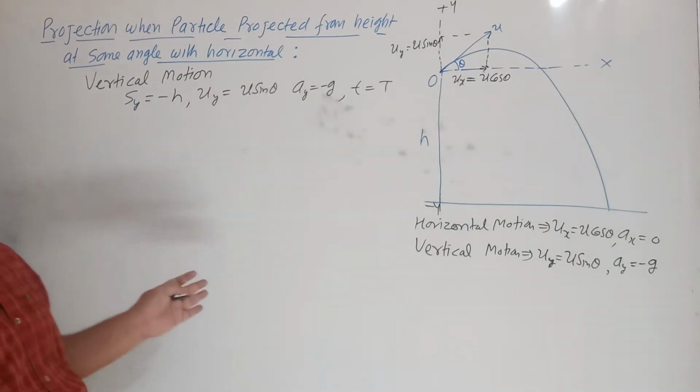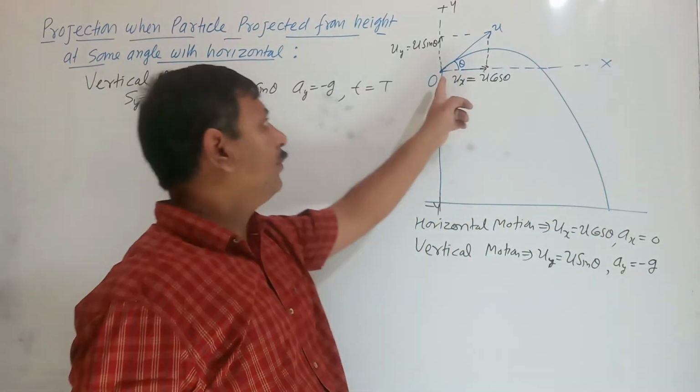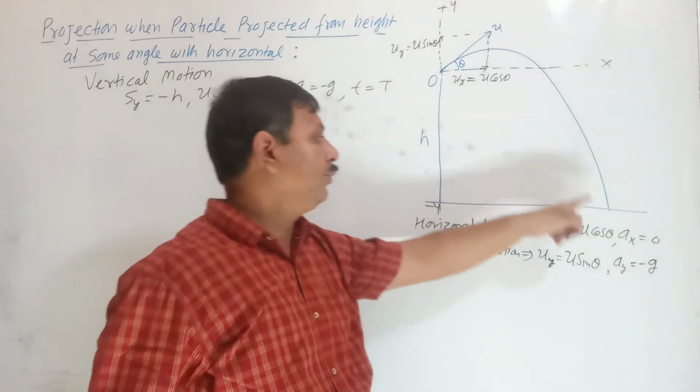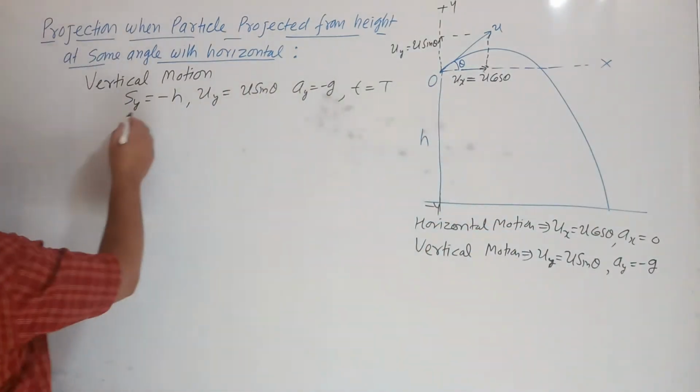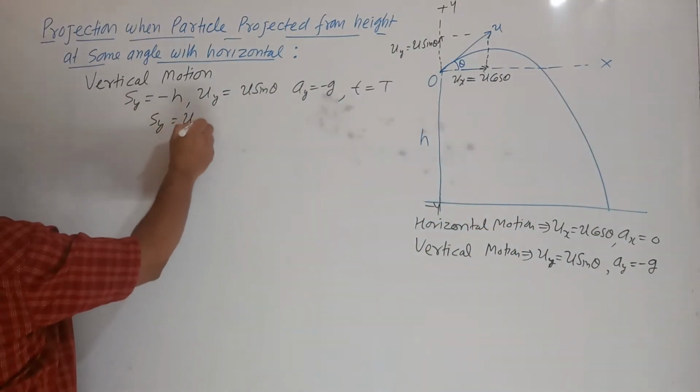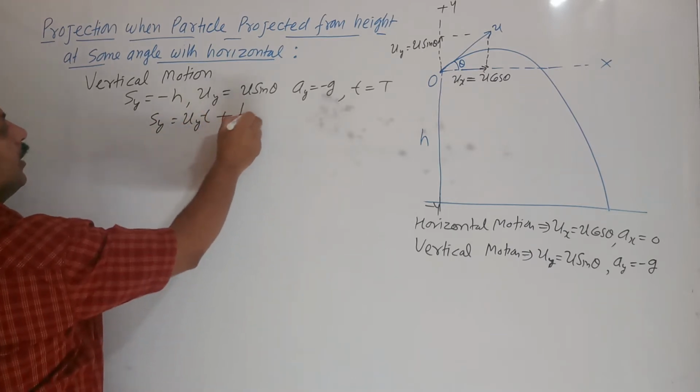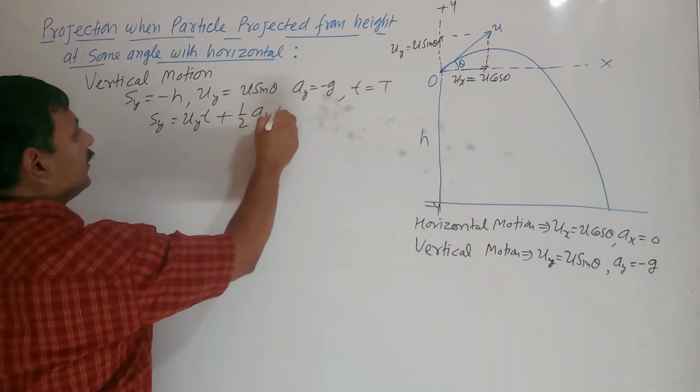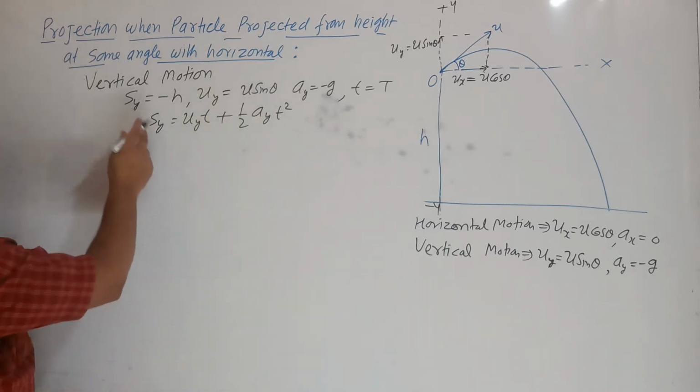So what will be the time of flight, from O to the ground? y is equal to uy T plus half ay T square.